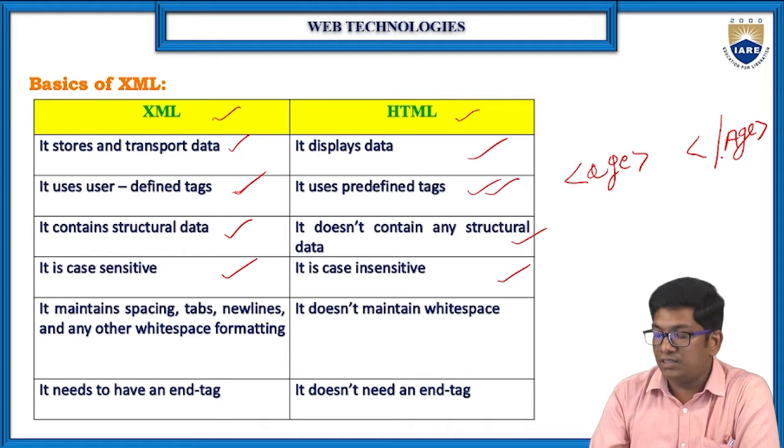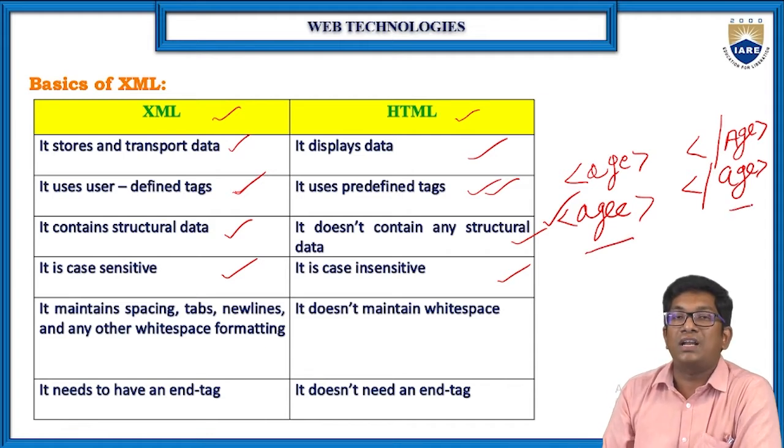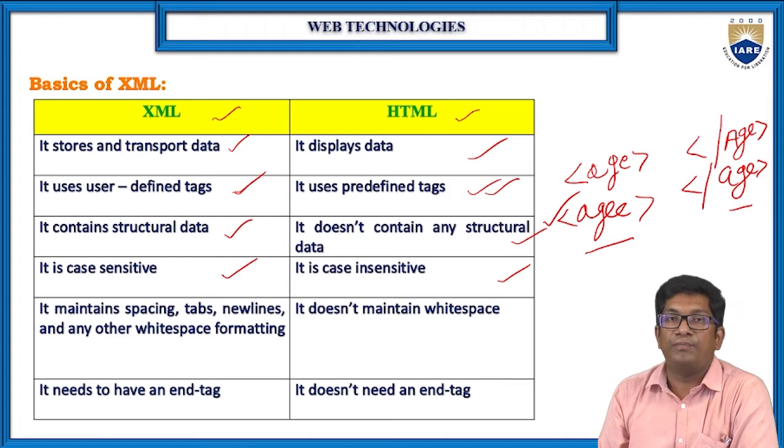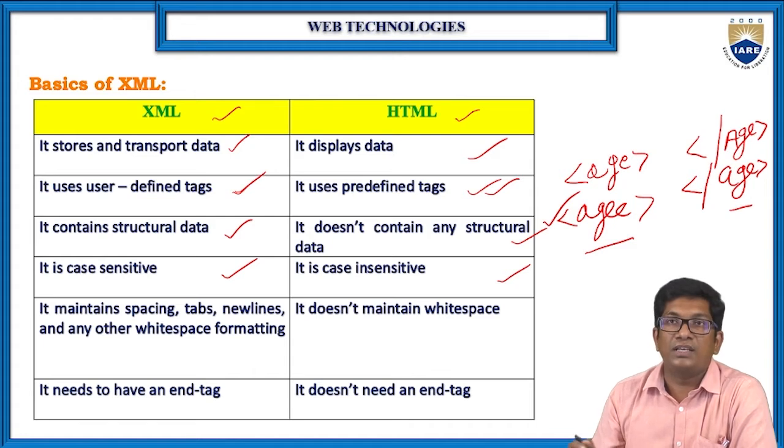Both must be small letters only. That is case sensitive, right? This one is correct: in XML, age starts with a small letter and here also it is small. So the start tag and end tag must be the same. If you write differently, it treats them as different element names.